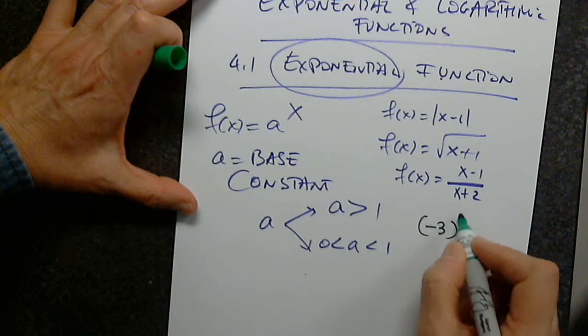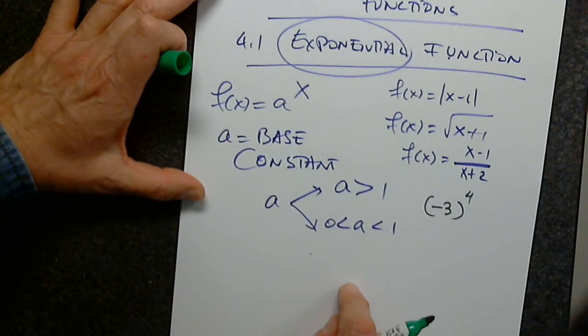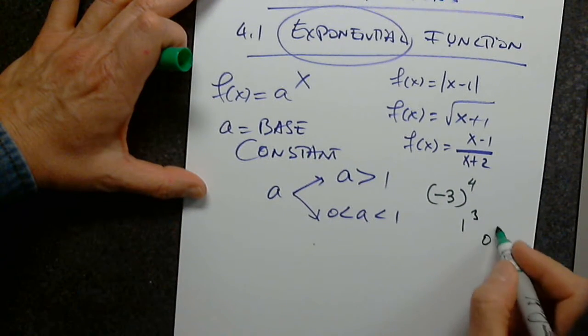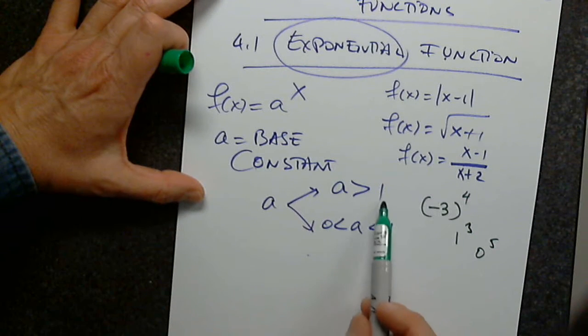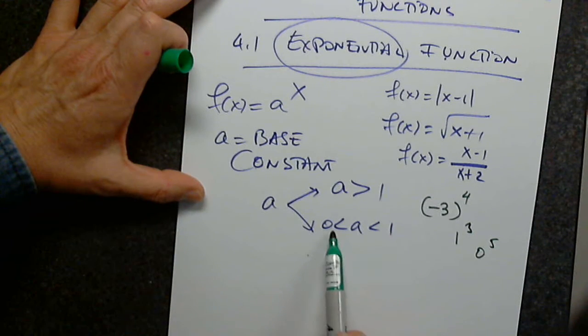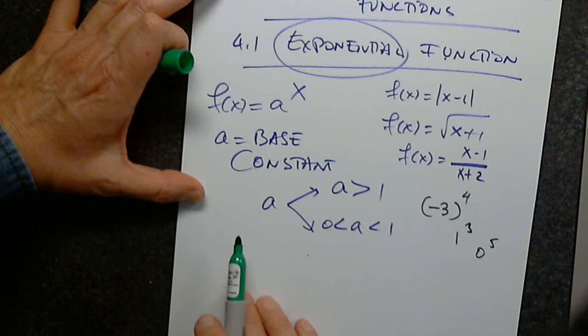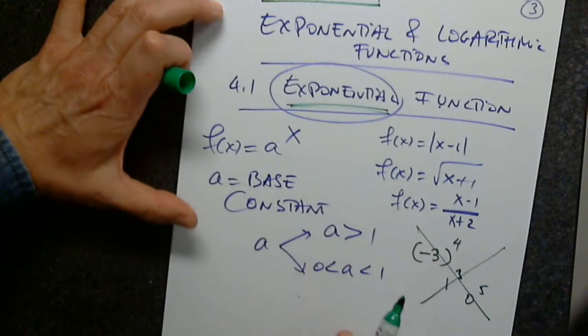I can take negative 3 to the 4th power. I don't see a possibility for a negative base. I can take 1 to the 3rd power. I can take 0 to the 5th. How come these are excluded? 1 is not anywhere. 0 is nowhere to be found. And a negative number as the base is not acceptable. So all these are not possible when it comes to exponential function.